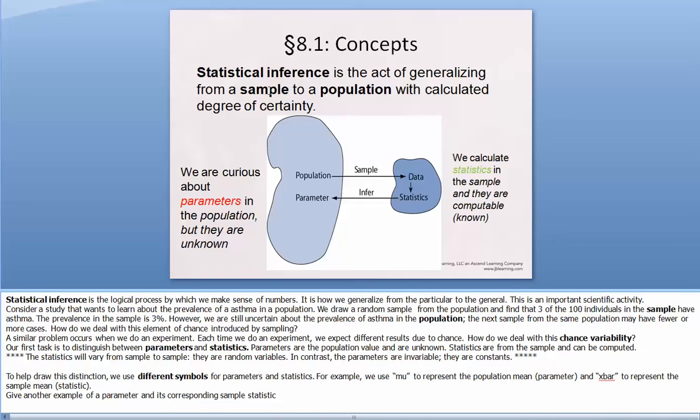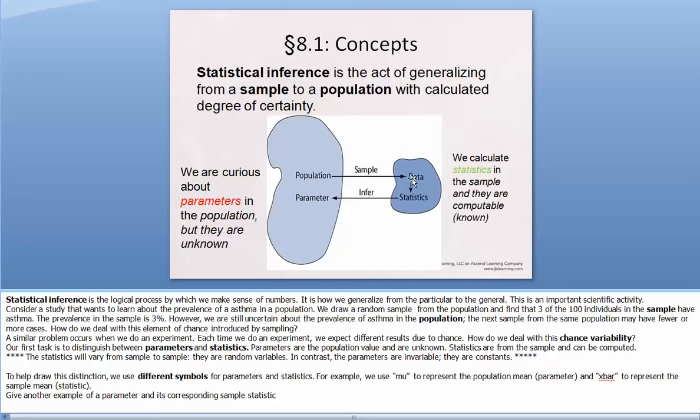So the sample will have 1,000 GPAs. Population will have a whole lot. All the Penn State freshmen's GPAs will go into the population. So population is this really large thing. Sometimes it's so large we cannot even visualize it.